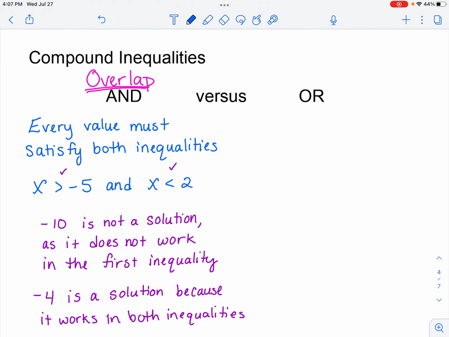Well, an or inequality means a solution has to satisfy at least one of the inequalities.